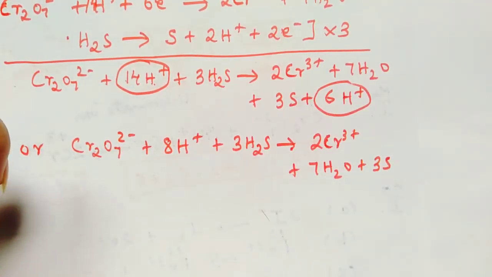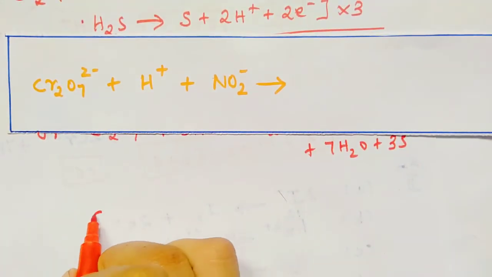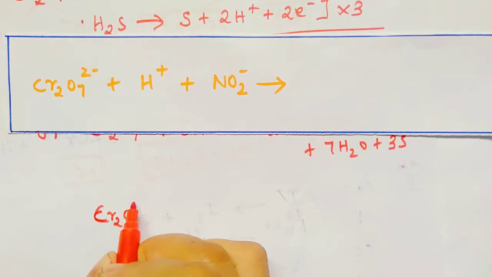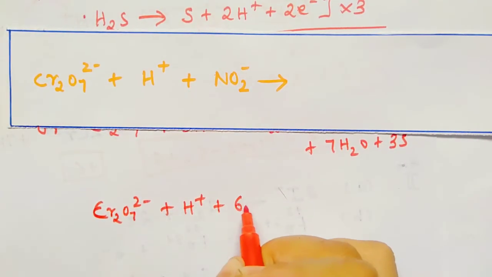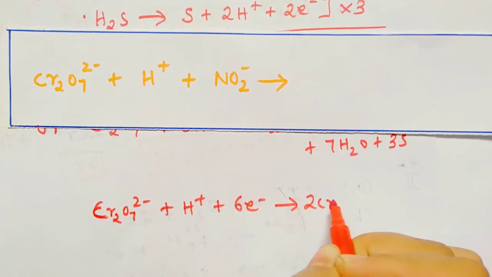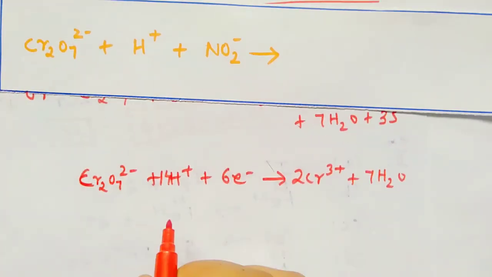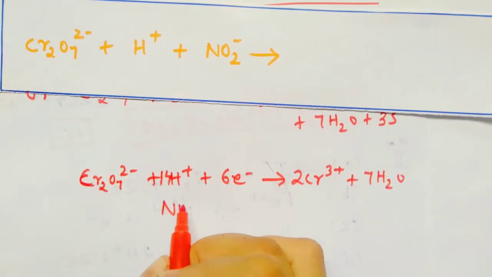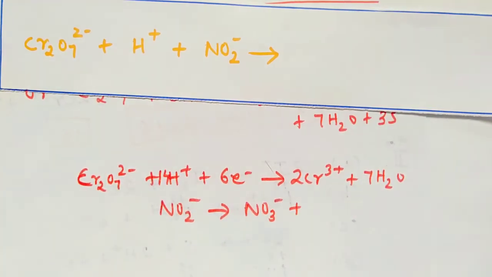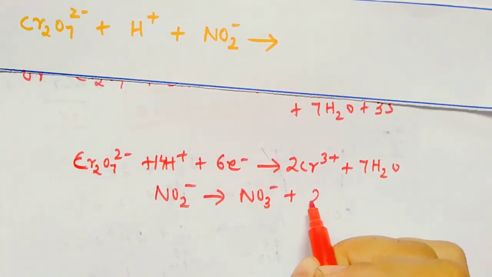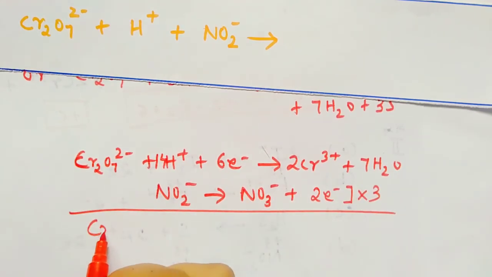We come to the last one. First trick: Cr2O7 2 minus in acidic medium, 6 electrons. We have 2Cr3 plus, 7H2O. Here we have 14. And then we know that nitrite ion oxidizes to nitrate ion, and we have seen that 2 electrons are lost. So I have to multiply by 3. So add them up together.